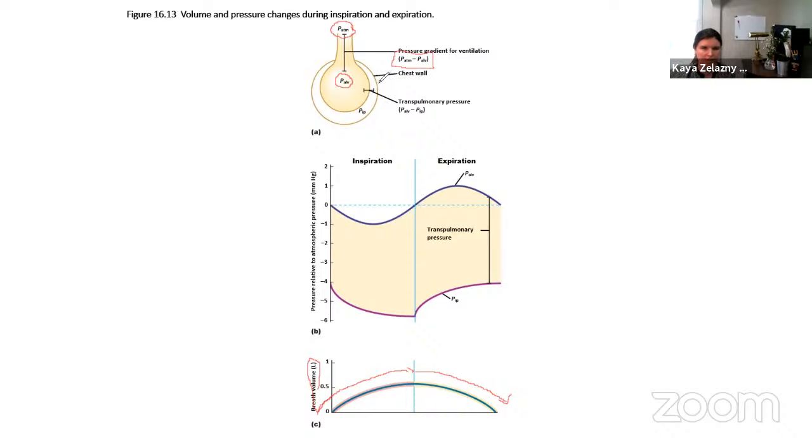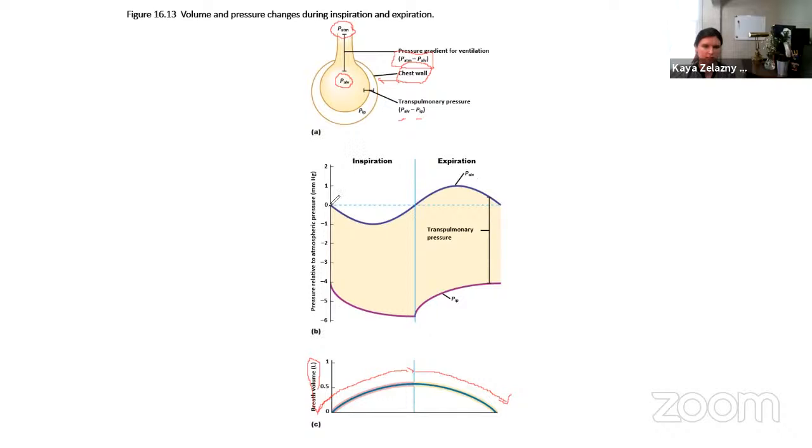This outer bubble here is sort of an abbreviated cartoon form of our chest wall, right? We simplified this. We didn't draw a whole chest, we just drew a circle, so that we could also express the transpulmonary pressure, which is essentially the pressure across the wall of the alveolus, expressed by the pressure of the alveolus minus the pressure in the intrapleural space. And we could then track how these change as well during inspiration.